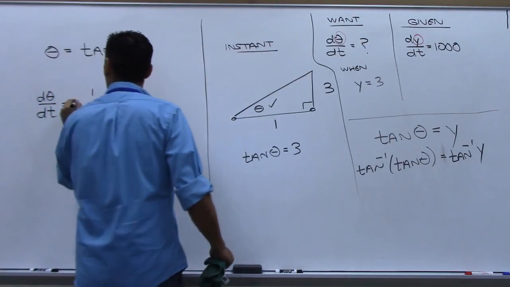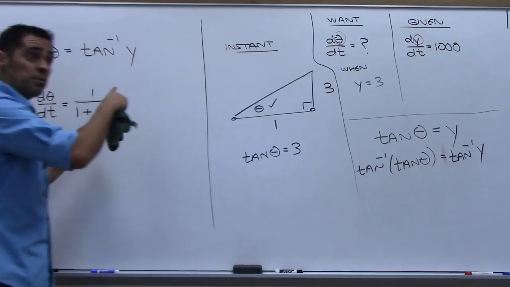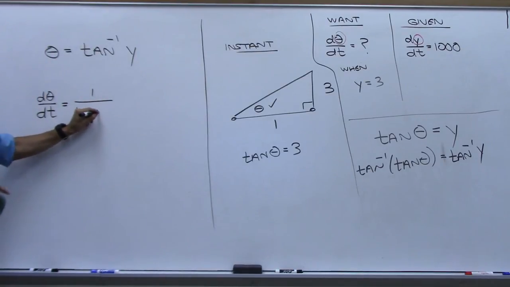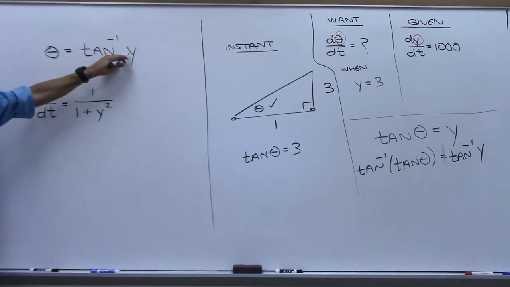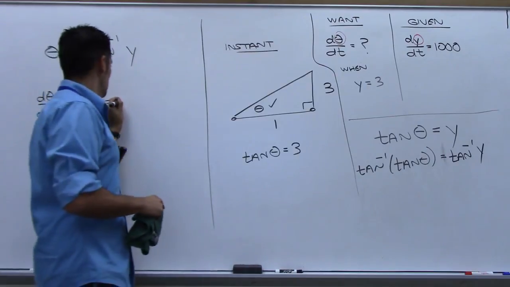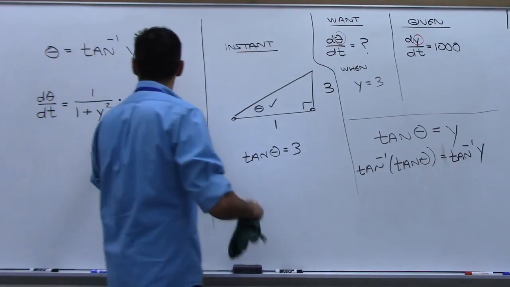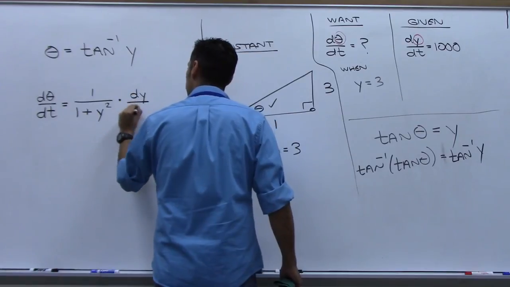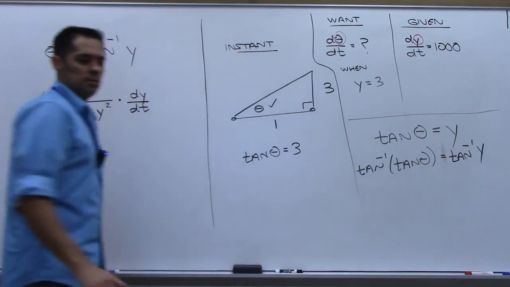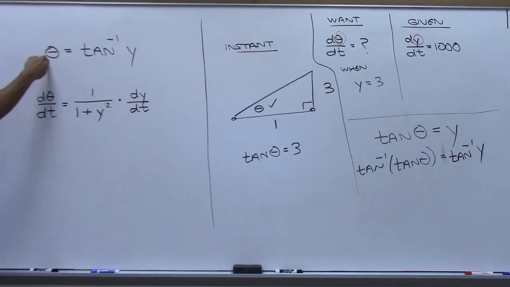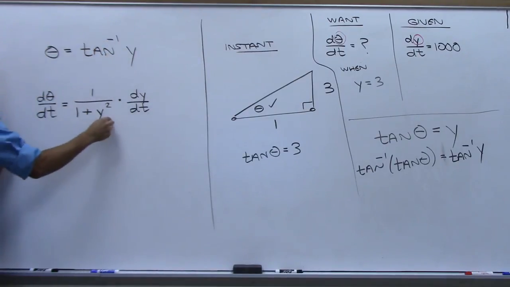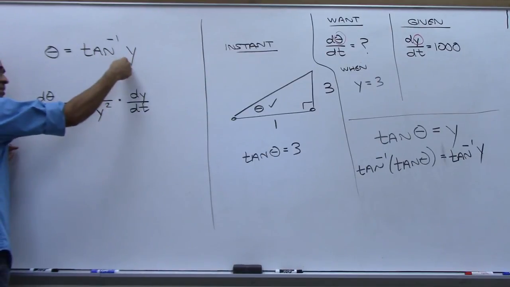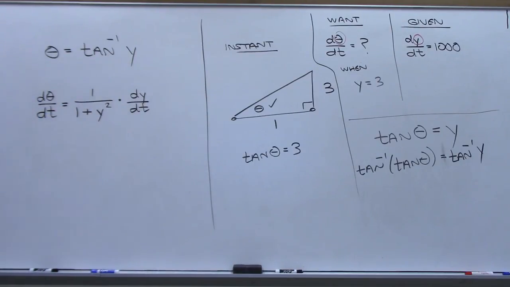It's 1 over 1 plus, in this problem, y squared, times, by the chain rule, the derivative of what's inside, y prime, but because it's with respect to time, I'm going to write dy dt. Did everyone see that? Derivative of theta with respect to time is d theta dt. Derivative of arctangent of y is 1 over 1 plus y squared, times dy dt.